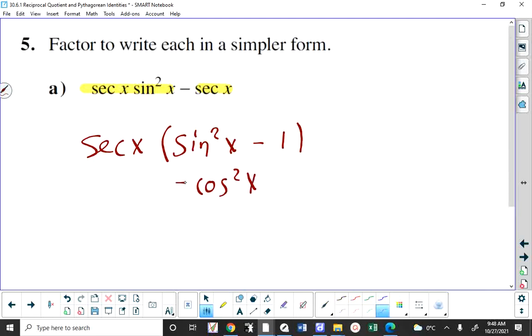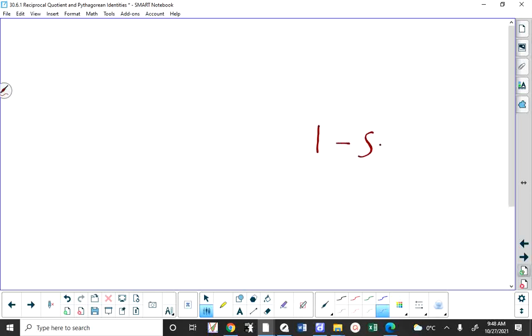As a little detour, some of you may not be comfortable with everything I've just said, but everybody should be comfortable knowing that 1 minus sine squared is cos squared. Okay? Are you with me?